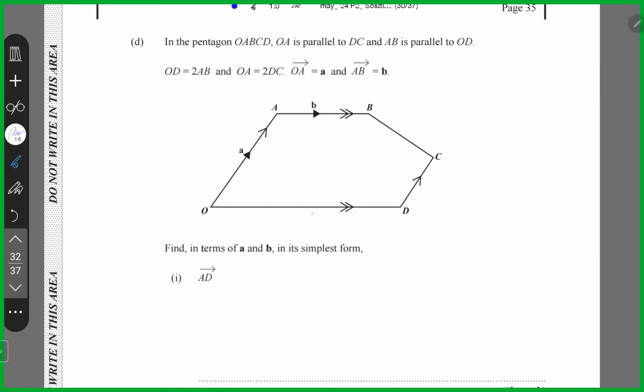Since AB is B, this would be 2B. OA is A, and AB is B. Now, find in terms of A and B in its simplest form, AD.